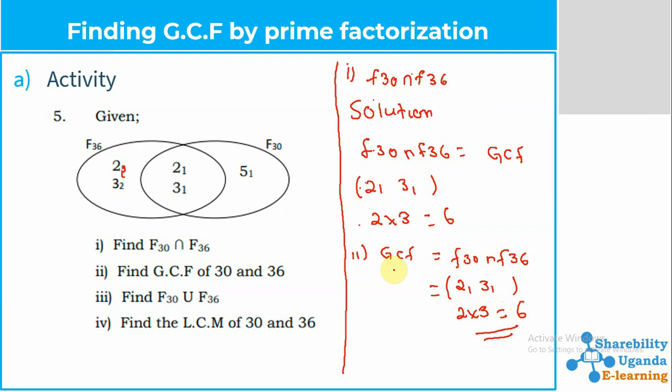Then we can also find the prime factors of 30 union the prime factors of 36. When they say union, that simply means we list out all of them. We have 2^1, 2^2, then 3^1, 3^2, then 5^1.